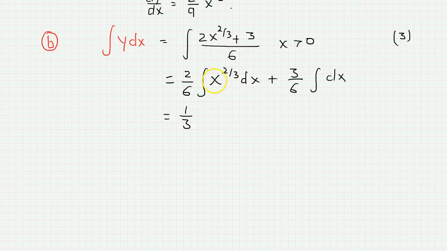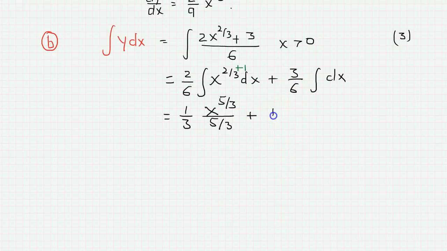When we do the integration of x to the power 2 over 3, we add to the power. So x to the power 2 over 3 will become x to the power 5 over 3 divided by 5 over 3.